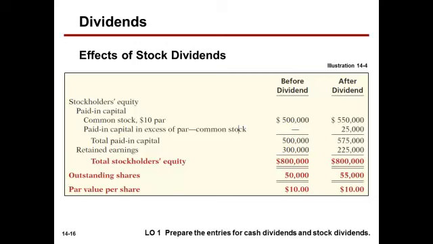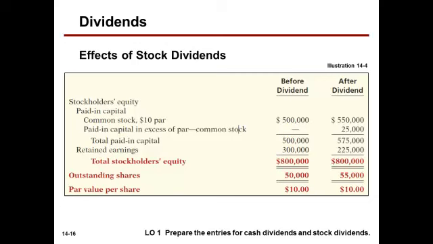In this example, we declared a 10% stock dividend on existing 50,000 shares. So we're talking about issuing an additional 5,000 shares to existing stockholders. After the dividend is paid, that is, the issued shares are given to the existing shareholders, common stock increases $50,000, 5,000 shares at $10 par value, and the additional paid-in capital account increases the other $25,000 for a total of $75,000.